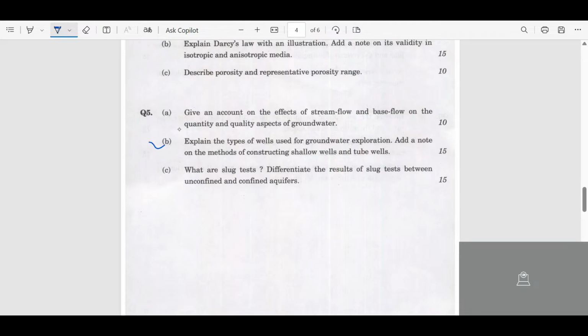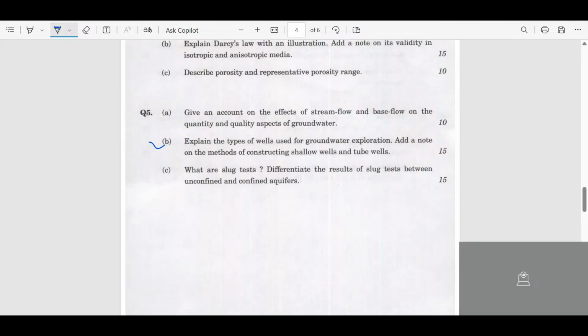This can be an important topic: explain the types of wells used for groundwater exploration. In this question, you can use examples like the Karnataka situation. You remember, two years back in Karnataka, the production of betel nut, also called areca nut, was enlarged. This led to a serious groundwater issue because of pumping motors, pipes, etc. The cultivation of betel nuts led to a shortage of water in the wells.